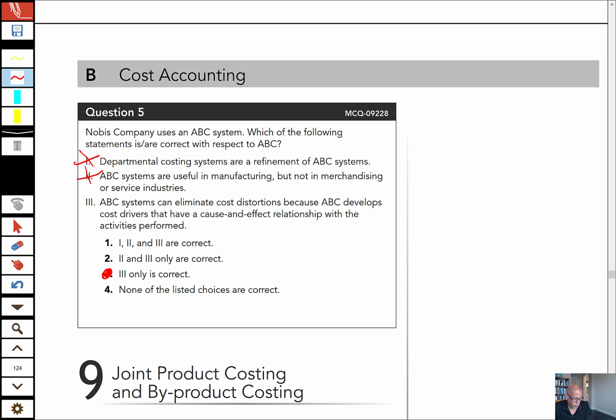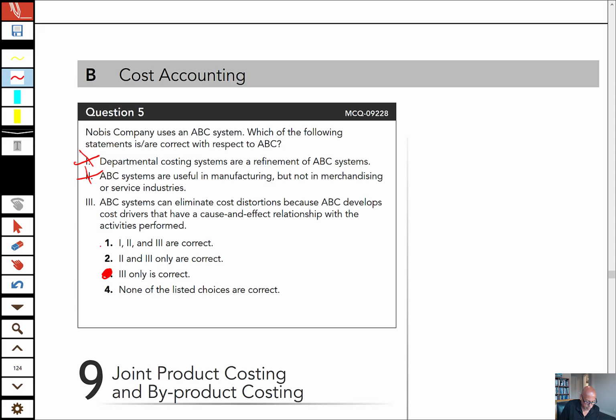Now, number 1, I kind of ruled it out at the beginning, but let's say I'm taking the test and I've clearly gotten rid of 2. I'm trying to figure out the rest: any choice with 2 is out, and I'm sure that 3 is correct, right?